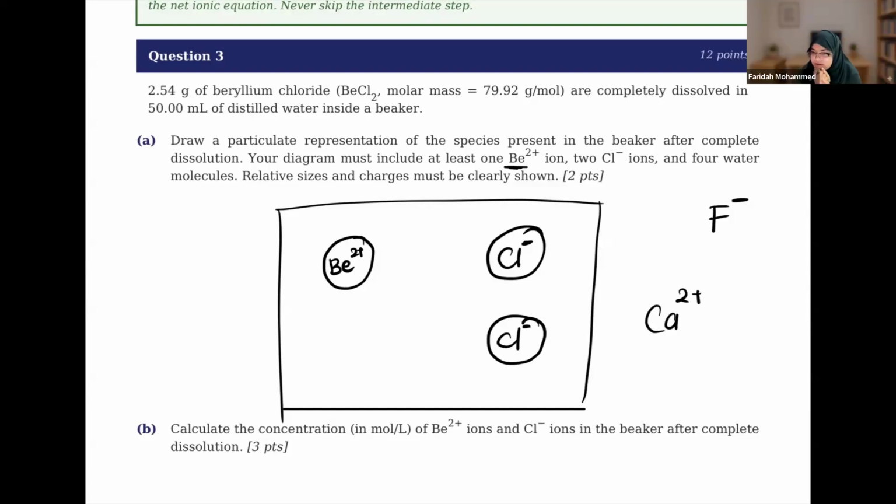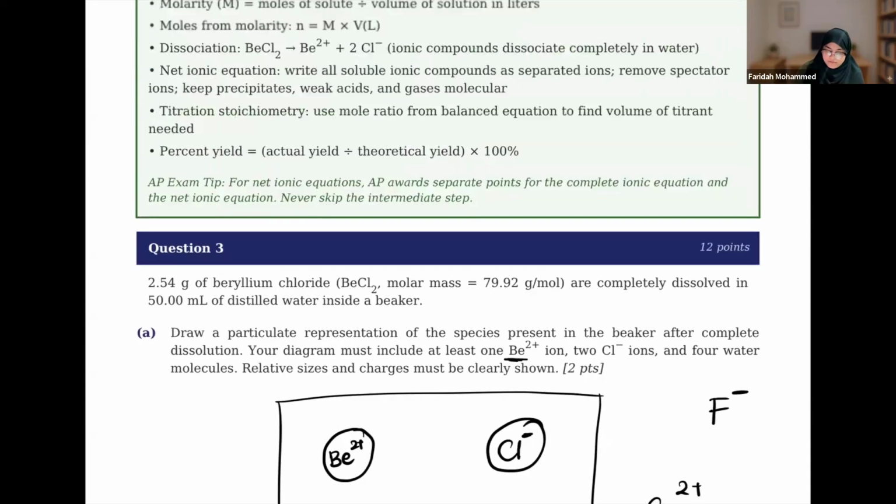No. Anyone else? That's okay, good try though. Anyone else want to try? Is it calcium because they have more shells for their electrons? There's more shells. Okay.